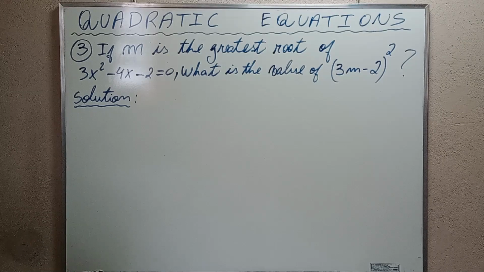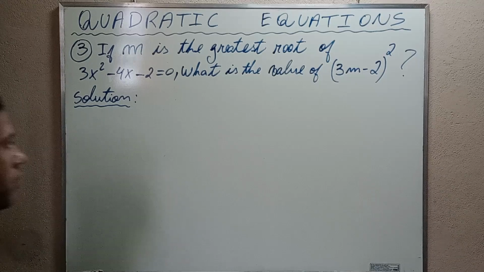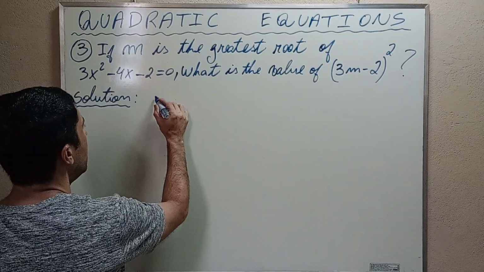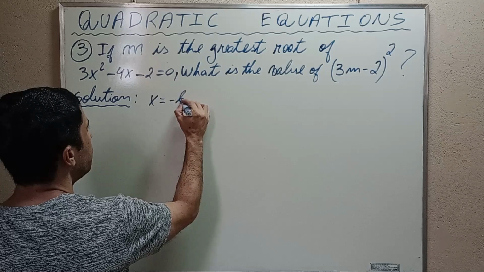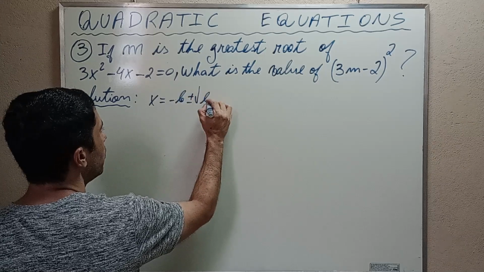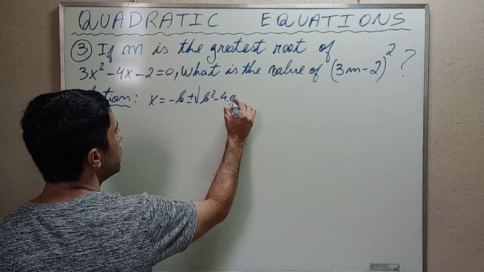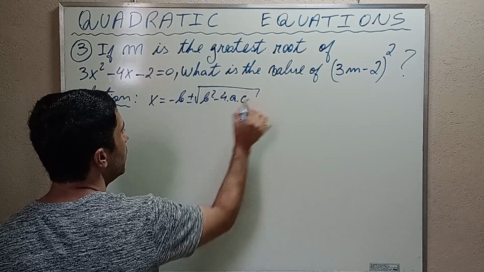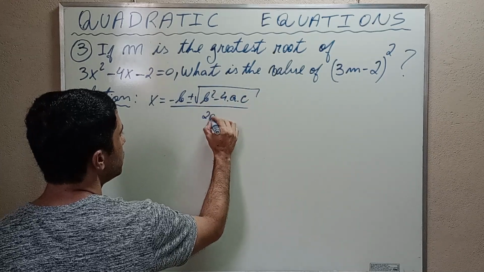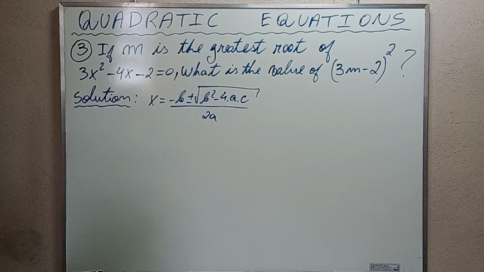As it was done previously, we will use the quadratic formula. The quadratic formula is x is equal to negative b plus minus the square root of b squared minus 4 times a times c divided by 2 times a. Okay?